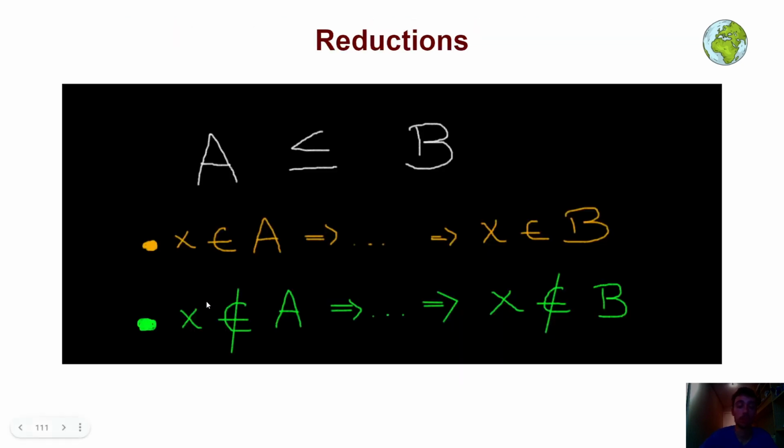Now let's suppose that we have an instance that doesn't belong to problem A, which is the SAT problem. Essentially we have an instance that is not a solution of the SAT problem.